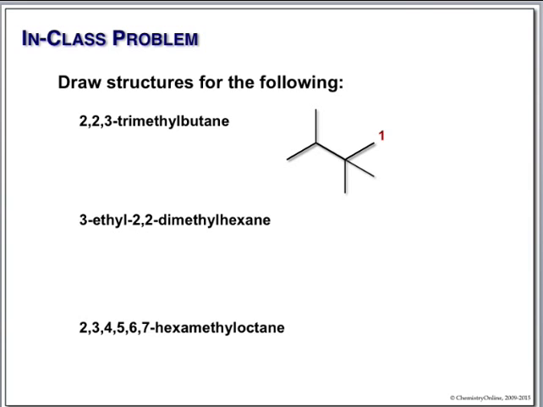Hexane, so we have 6 carbons in a row. Let one end be carbon 1. On carbon 3, we have an ethyl, so that's a 2-carbon side chain. At carbon 2, we have 2 methyls, that's here, and that's our molecule.